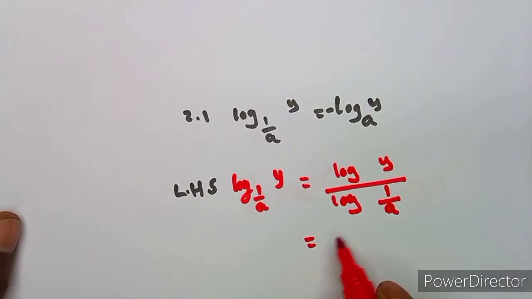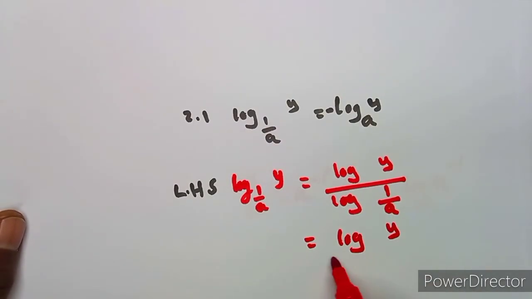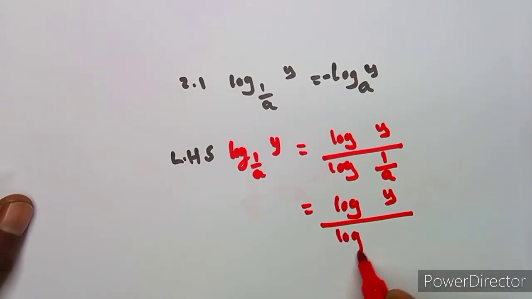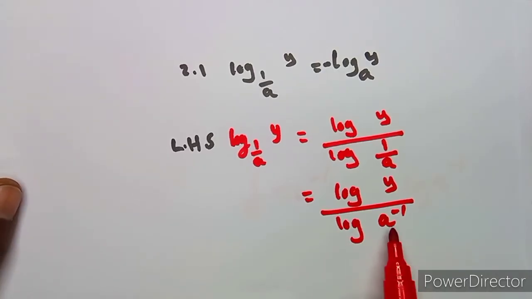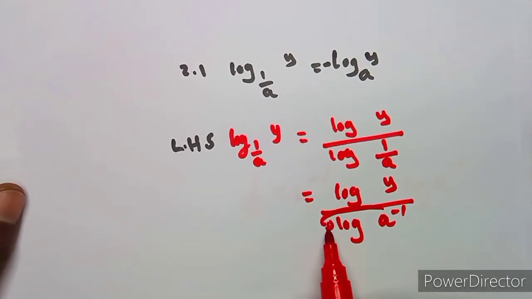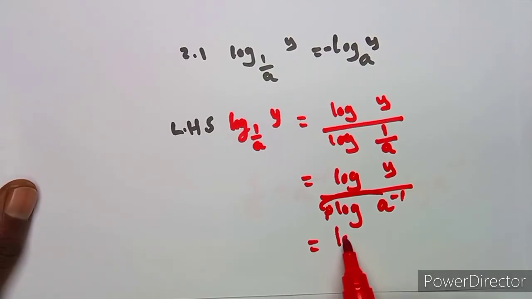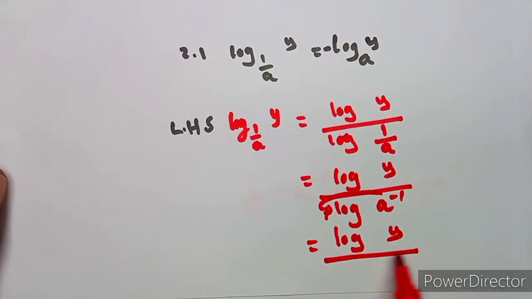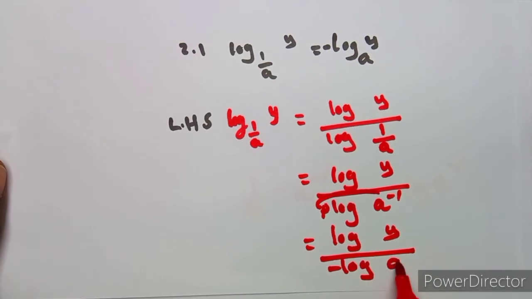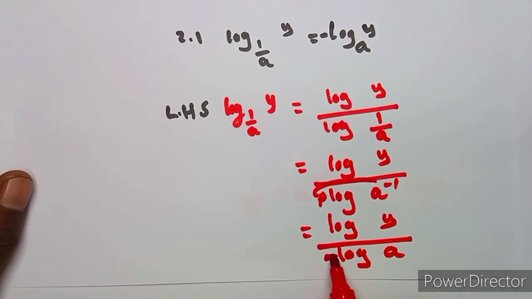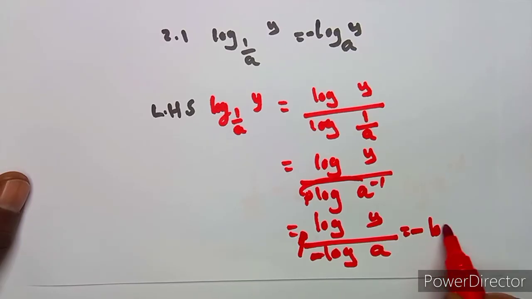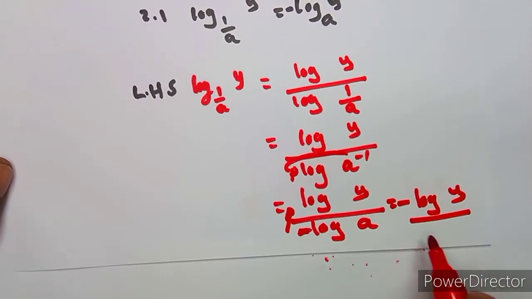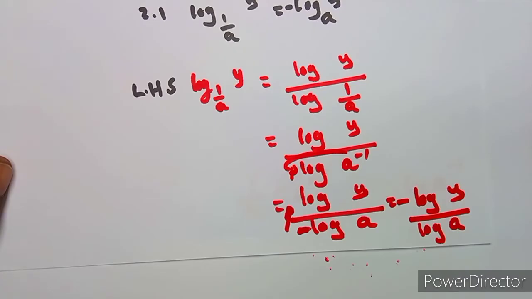So the moment we are able to write this as log y over log a to the exponent of negative 1, it means we can now apply the laws of logarithms, where we can drop this exponent and it's going to be log y over negative log a. And the moment this is a negative, remember, you can write it on top like that. So it's going to be negative log y over log a.